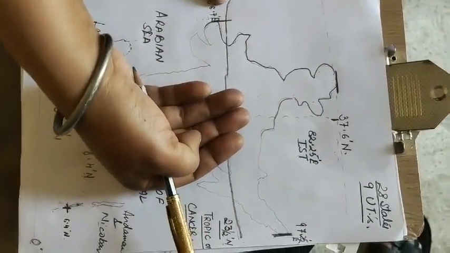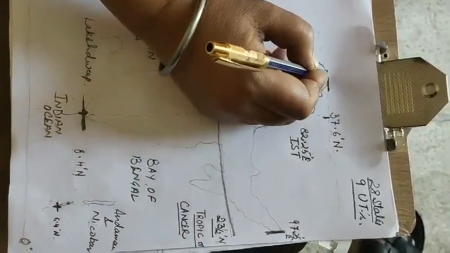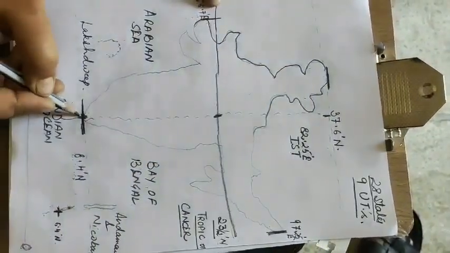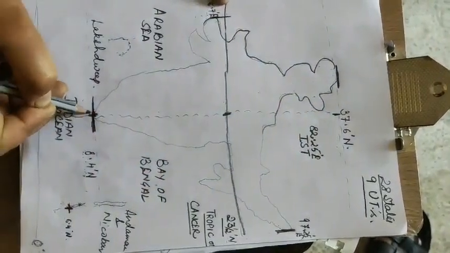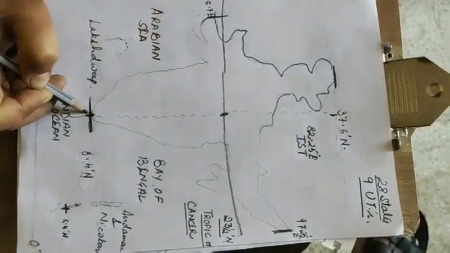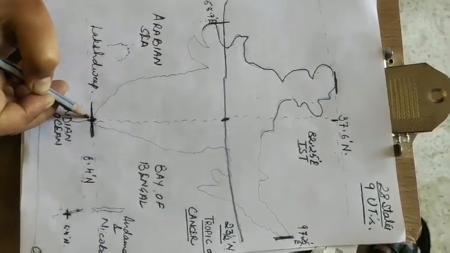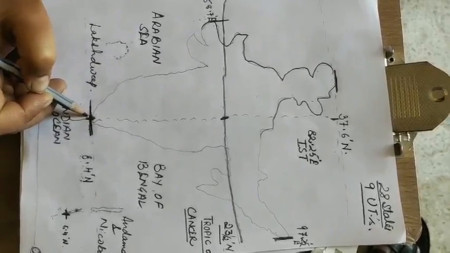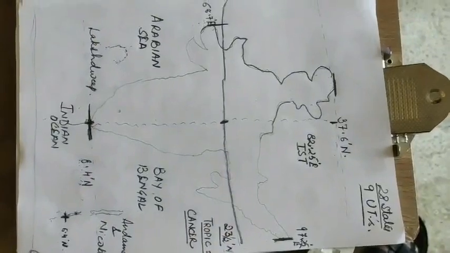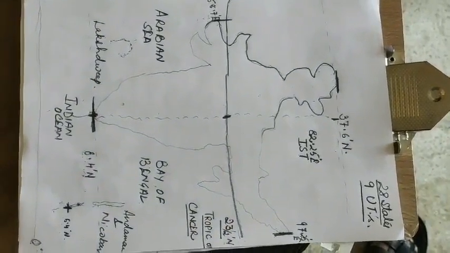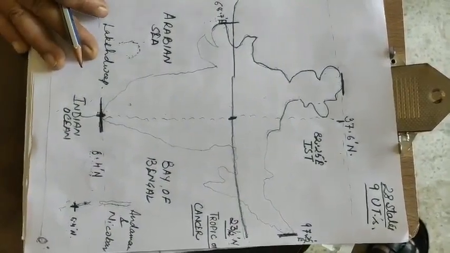Now coming to the size of India. From Jammu and Kashmir to Kanyakumari, that is from north to south, the distance is approximately 3,214 kilometers. And from Gujarat to Arunachal Pradesh, the distance is about 2,933 kilometers.